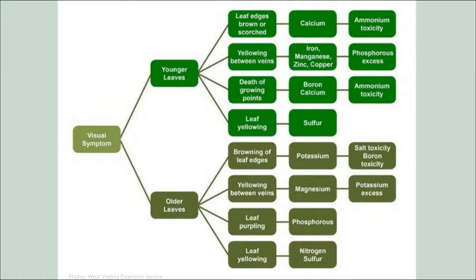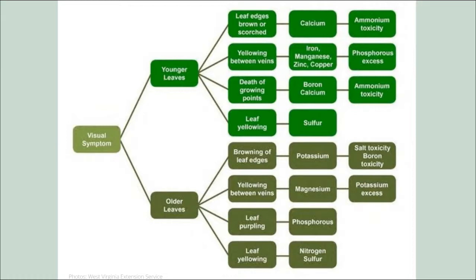I kind of like this one because it broke it up between younger leaves, older leaves, and then what you can be seeing. Some of the other ones may show where on the plant, at the top of the plant. So newer leaves, older leaves, and then in the middle, it specifically talks about midway. So this is just another resource for you.